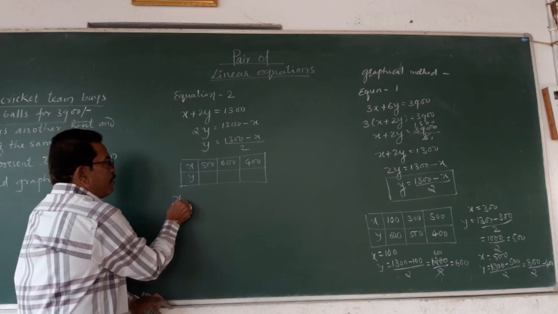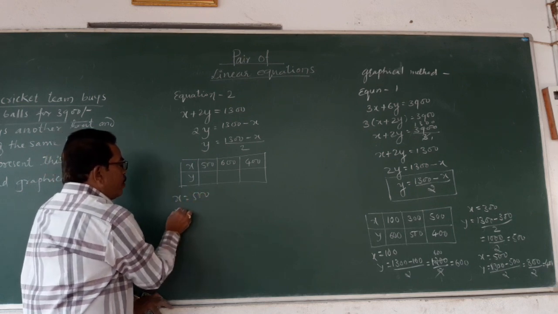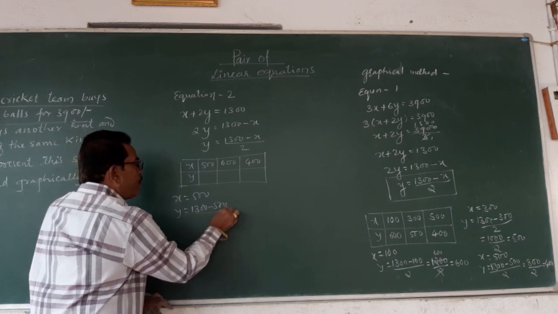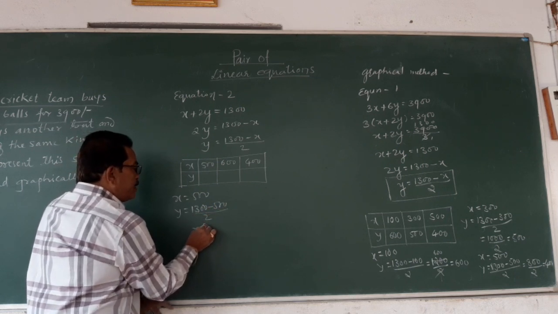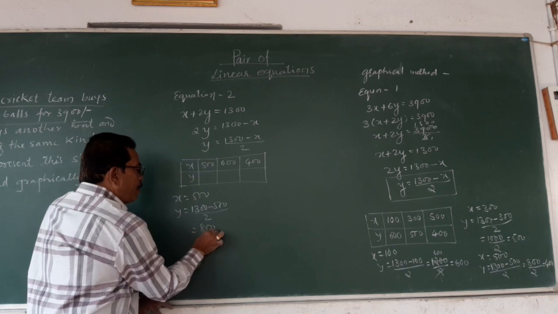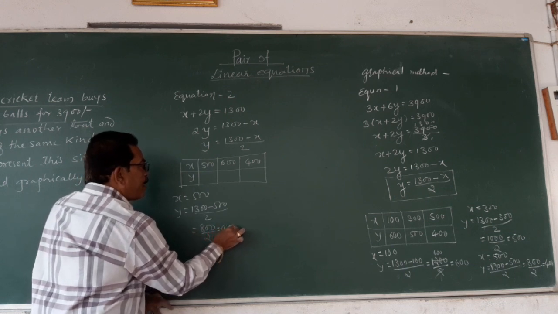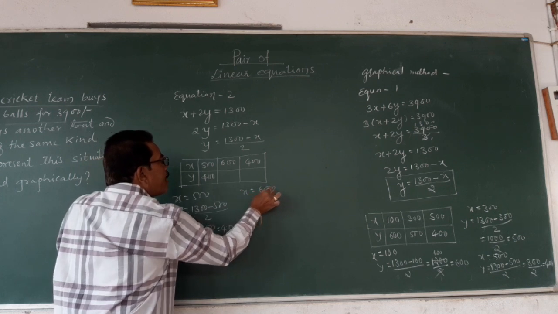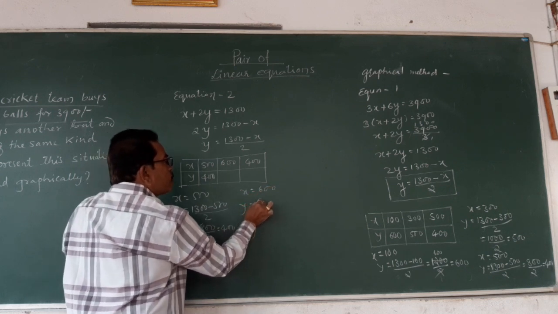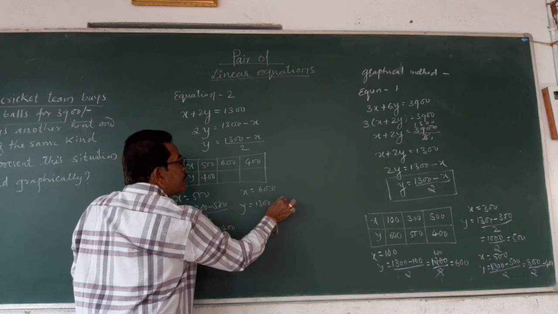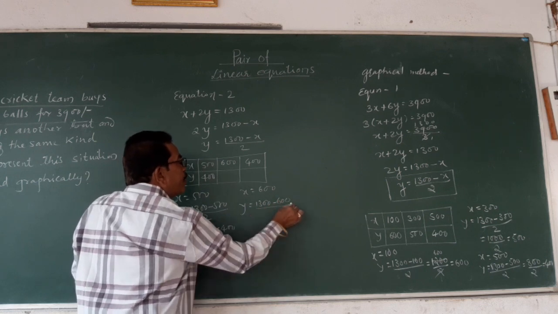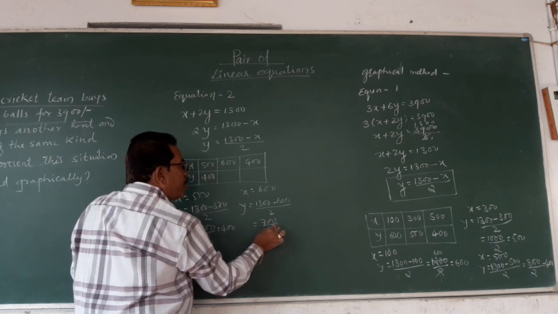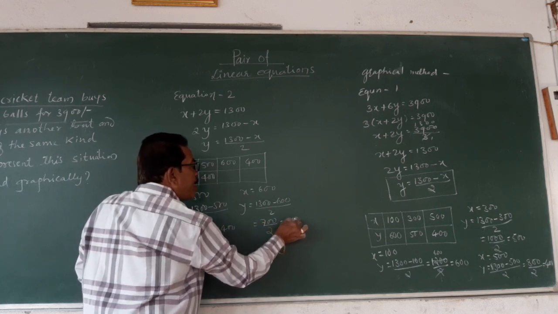Then let us find the values. x equals 500, y equals 1,300 minus 500 divided by 2, that is 800 by 2 equals 400. Then x equals 600, y equals 1,300 minus 600 divided by 2, that is 700 divided by 2, which is equal to 350.